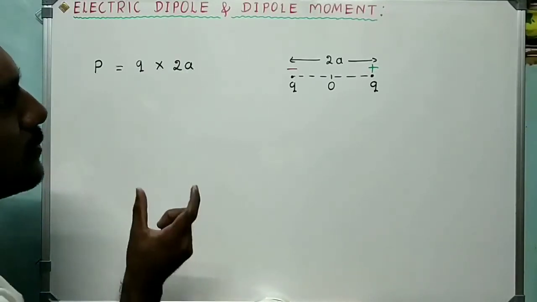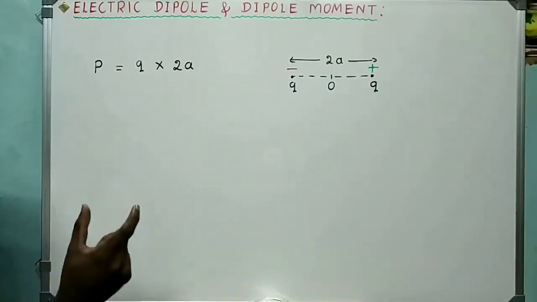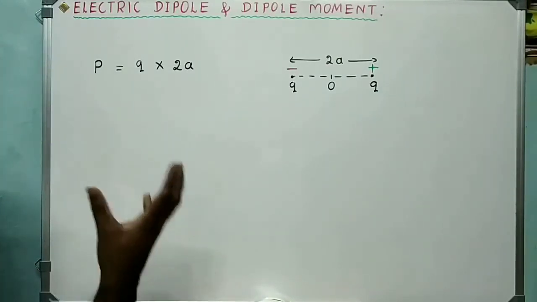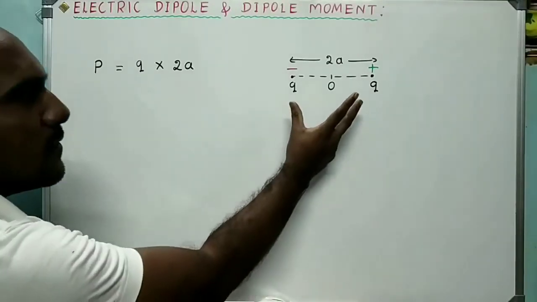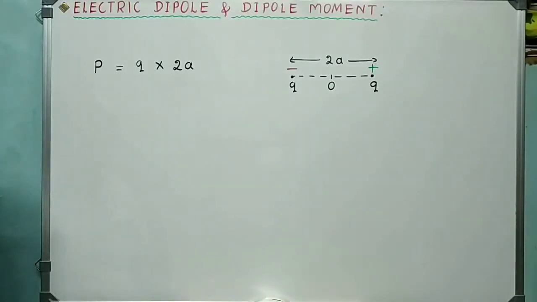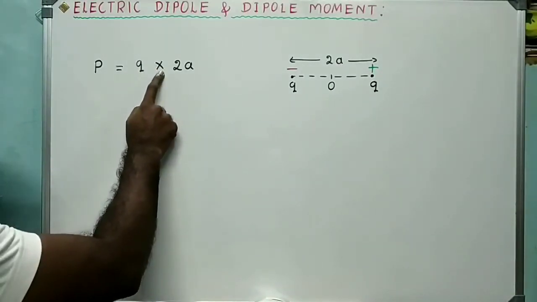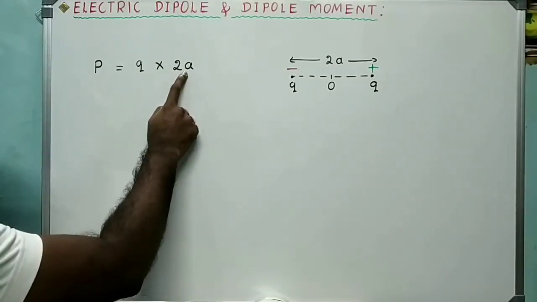Now, tell me, what is the definition of dipole moment? Dipole moment is the physical quantity which measures the strength of the electric dipole. How is the strength measured? It is the product of the magnitude of either charge and the dipole length of the electric dipole.